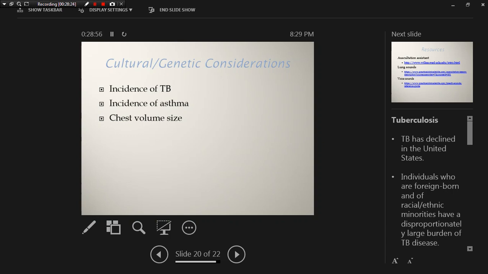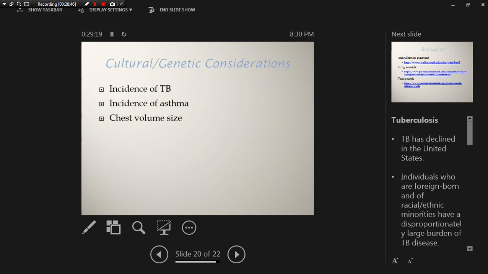Maybe their living conditions are not where they need to be. And we also know that it's very difficult to treat patients who have tuberculosis because the treatment for tuberculosis is multiple antibiotics for like 9 to 12 months of the year. So we do see an increased incidence of tuberculosis in immigrants from various different countries.